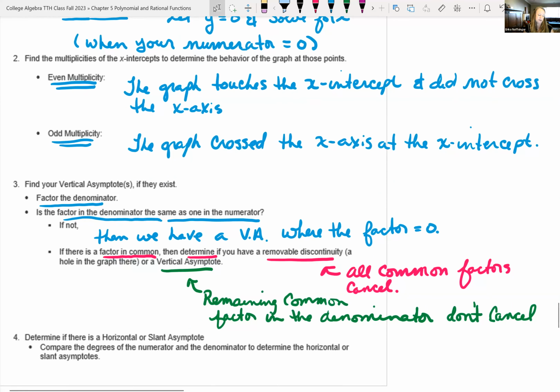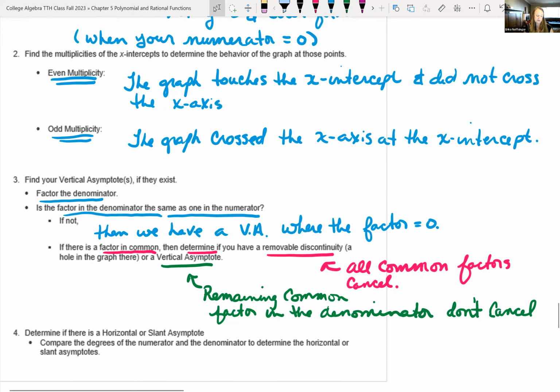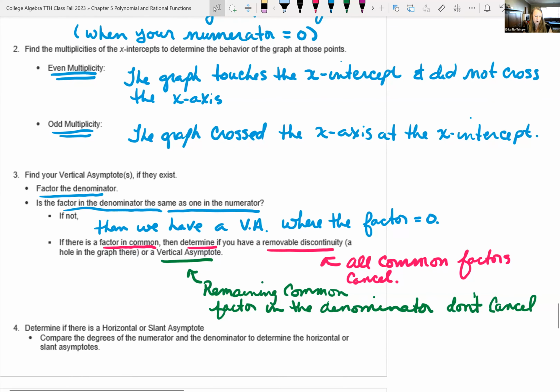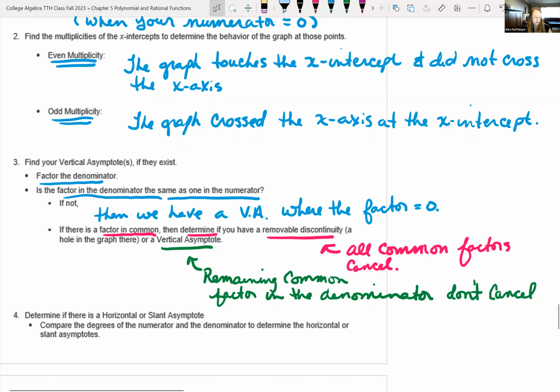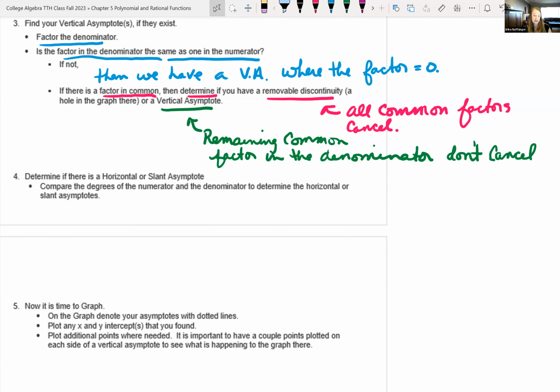Then we want to determine if there is a horizontal asymptote, so looking at the degree of the numerator and denominator, or if there was a slant or oblique asymptote. So we just talked about doing that. We're going to compare both the degrees of our numerator and denominator to determine if it's a horizontal or slant/oblique asymptote. And then once we figured out where our asymptotes were, we're ready to start graphing.